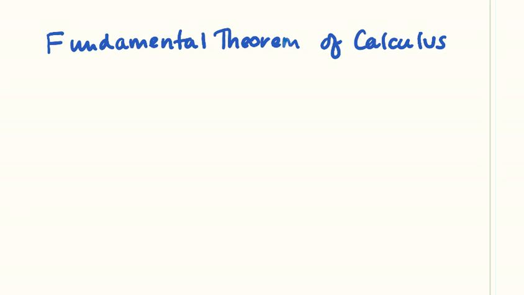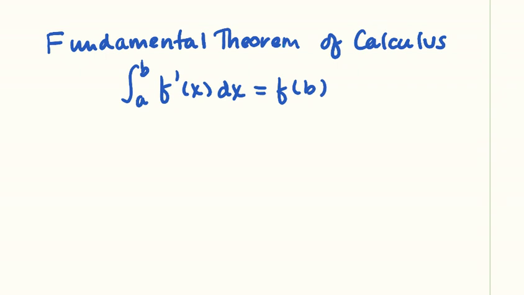We know that we take an integral, and for ease, I'm going to make the integrand just the derivative. We take this by anti-differentiating, plugging in the top bound, plugging in the bottom bound, and subtracting. But today we're going to look at this a little differently.